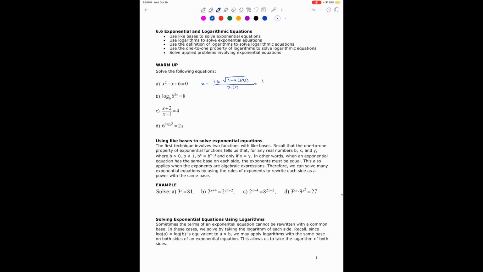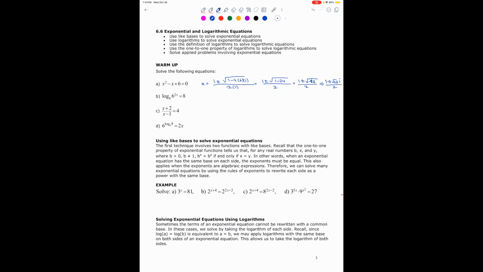That is 1 plus or minus square root of 1 minus 24 over 2. That is 1 plus or minus square root of negative 23 divided by 2. And that is basically 1 plus or minus square root of 23i over 2. So the solution is two complex numbers in this case.